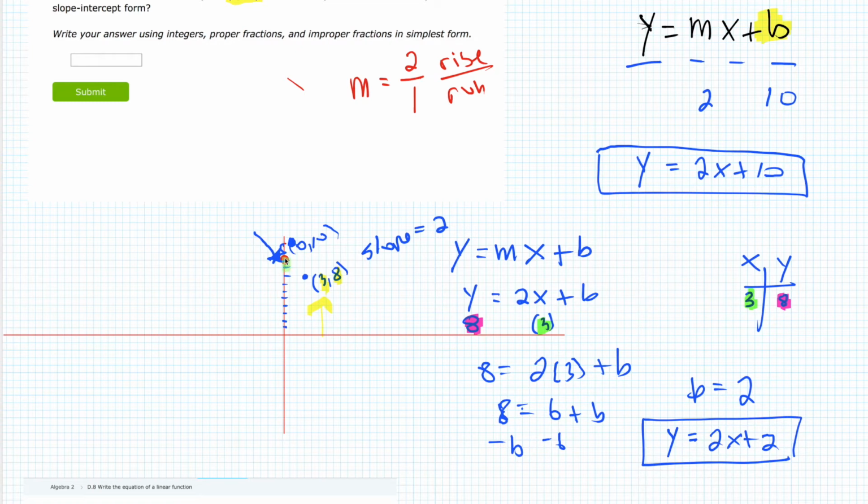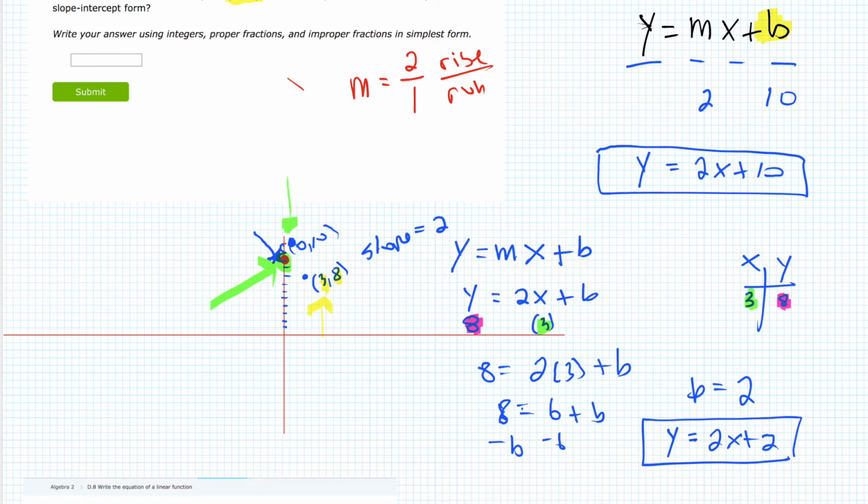What do you call this right here? What is that thing called? What do you call this point right here? It's the y-intercept. And what is this point right here? This other one, what's that? How do we get that one? No, the x-intercept would be down here.